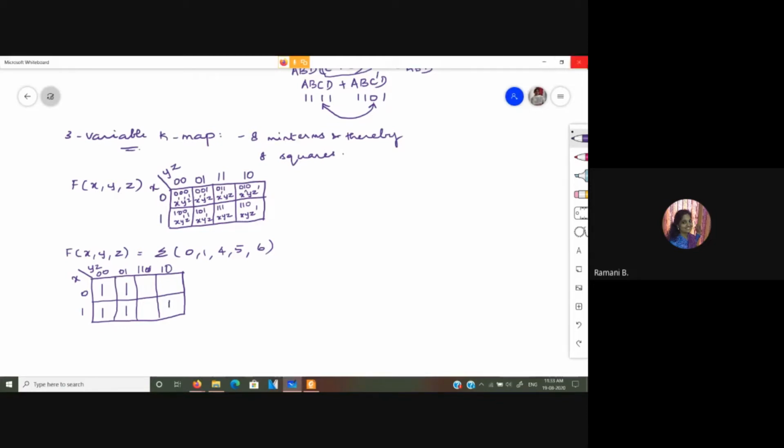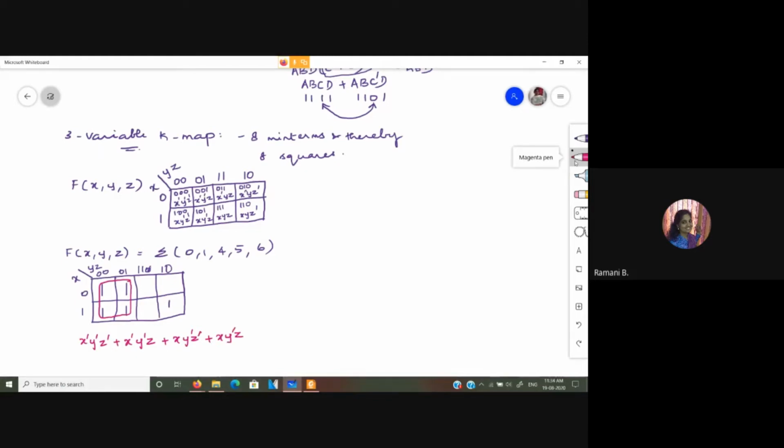Now to find the adjacency. By observing, you can say all these fours are adjacent to each other, right? So the corresponding minterms, if you write it as such, you are having x bar, y bar, z bar plus x bar, y bar, z plus x, y bar, z bar plus x, y bar, z.